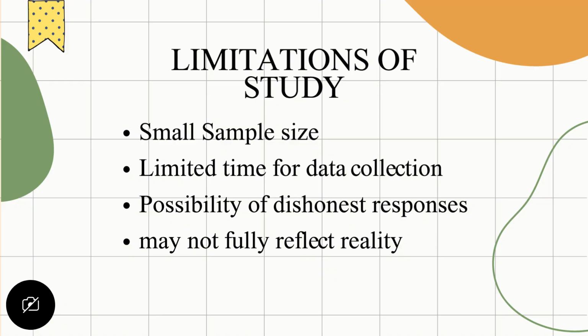Another limitation was the lack of time to collect more extensive data, which could have improved the accuracy of our findings. There was also the possibility of dishonest responses. This occurred since students may not always answer questionnaires truthfully, and as a result, the data collected may not completely reflect the true situation.